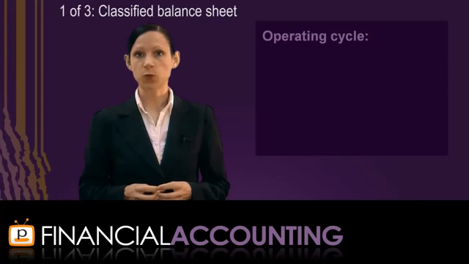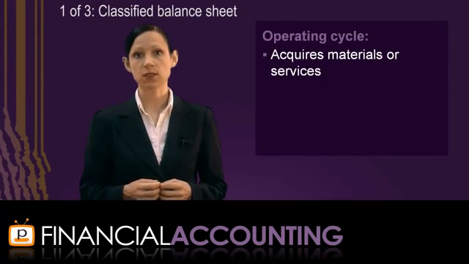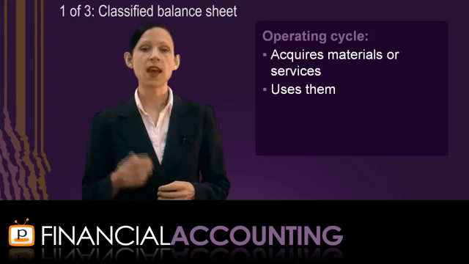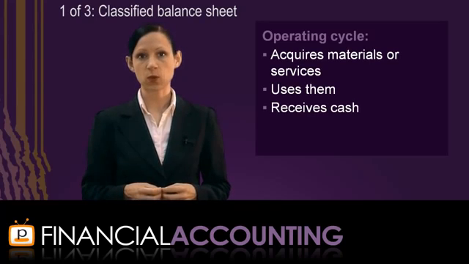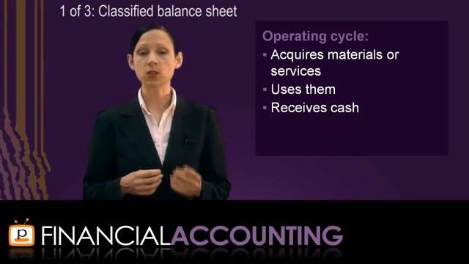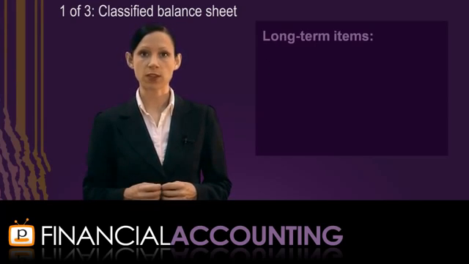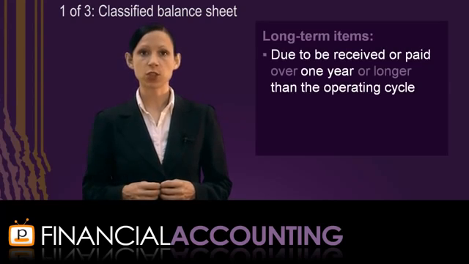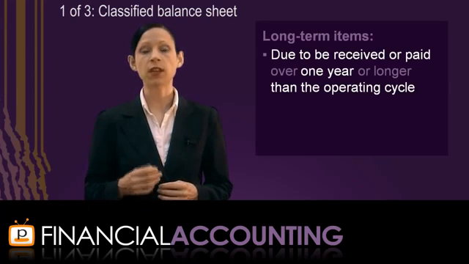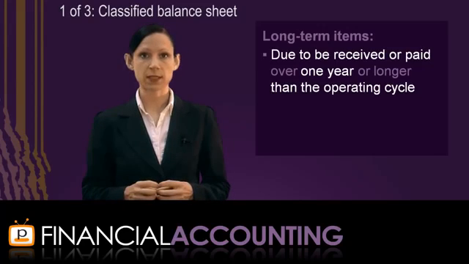The operating cycle of the business is the duration of time between when the business acquires materials or services, uses them in their operations, and finally receives cash from selling their goods or services. Now, if an asset or liability is not classified as a current item, then it falls into the category of long-term items. These are items due to be received or paid over a time period that is over 1 year or longer than the operating cycle of the business.